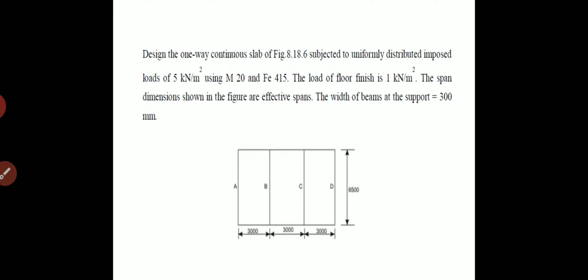Here the uniformly imposed load is 5 kN per meter square and the floor finish load is 1 kN per meter square.